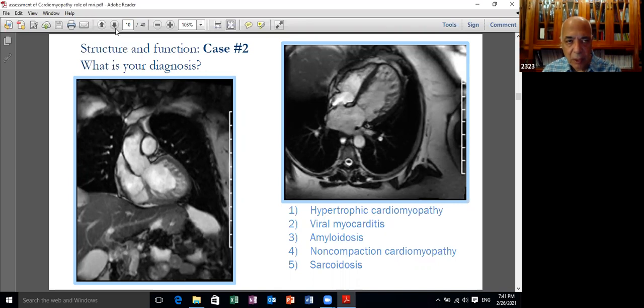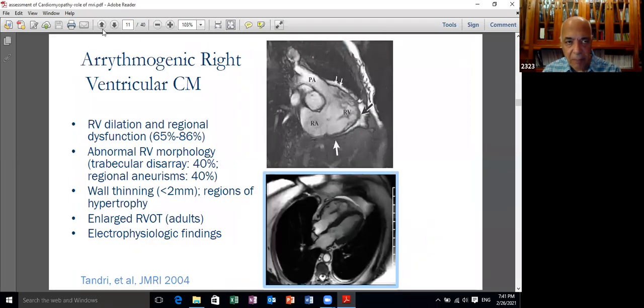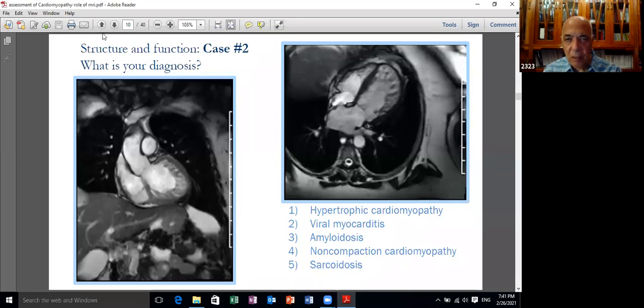So the diagnostic features of non-compaction in MRI, usually we make the measurements at end diastole. In the echo, usually we make the measures at end systole. The ratio for end diastolic CMR criteria is 2.3, and for the echo is 2.